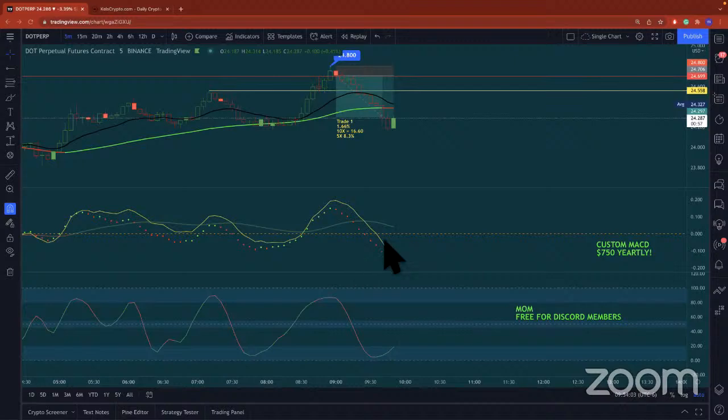Now we just wait for the next entry. Not too bad for a start. First trade, not bad. So now we just wait.